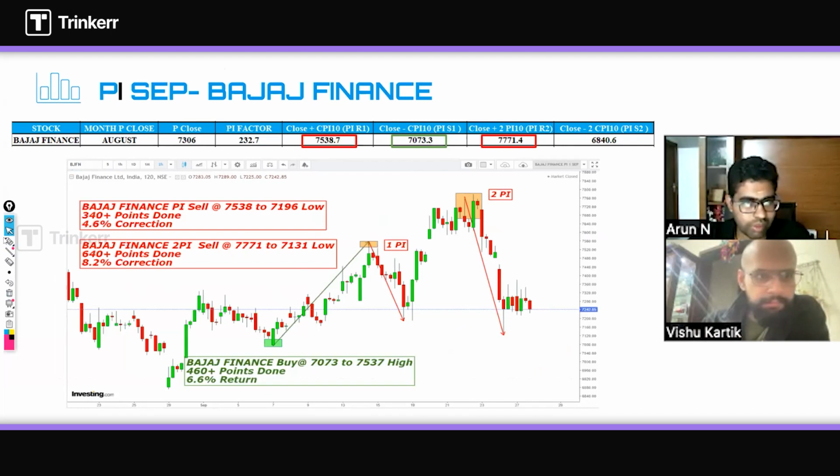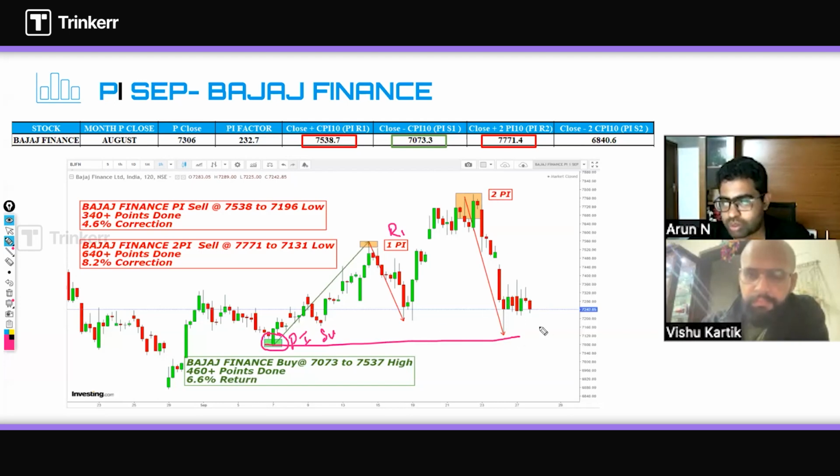If you just see this particular stock, Bajaj Finance, with August data, next month September, we have the pi support. From the pi support, it made a monthly low and it went till pi, the first resistance, and it corrected. And again it went till pi second resistance and it corrected, and again it came almost closer to the pi support and was kind of bouncing.